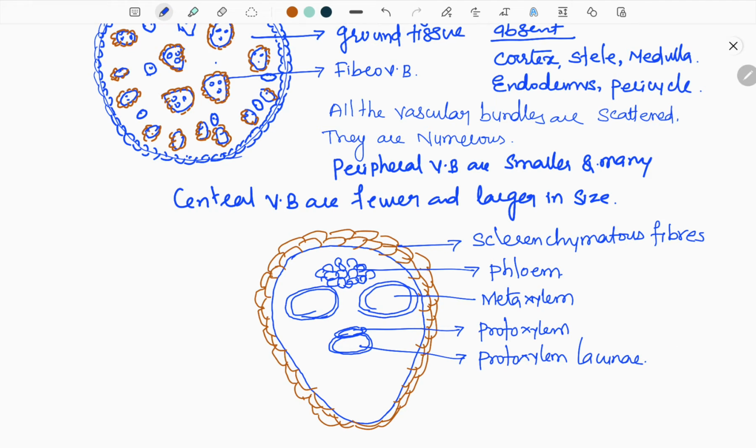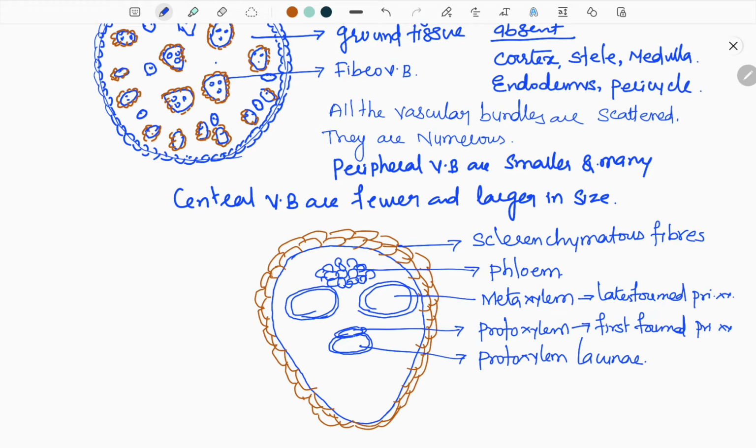How do we understand this protoxylem lacunae? Actually, protoxylem and metaxylem are both primary xylem only, but this is later formed primary xylem, and this is first formed primary xylem.